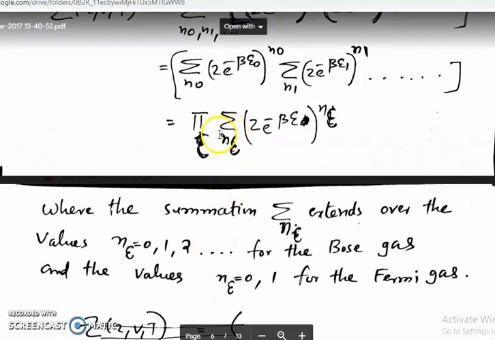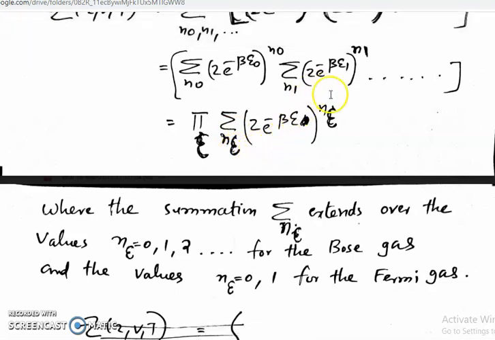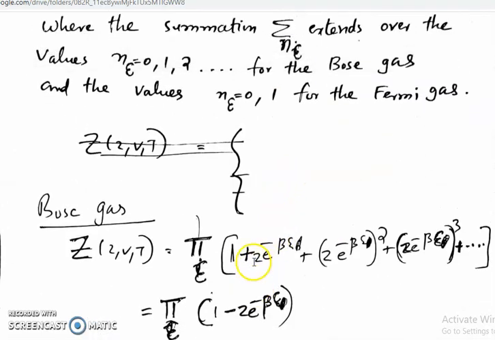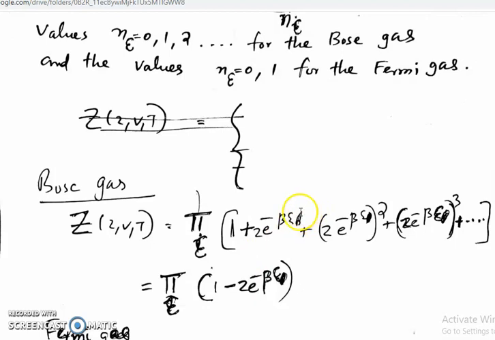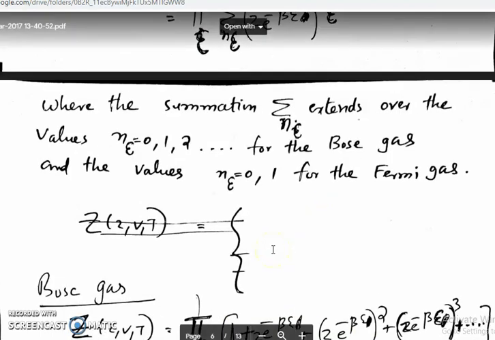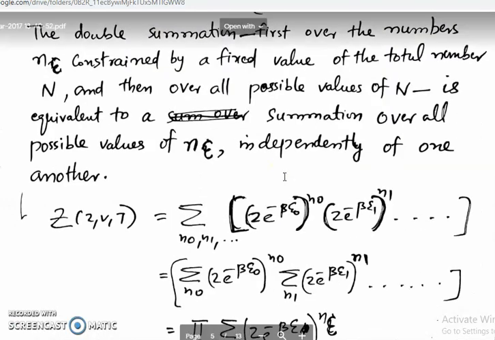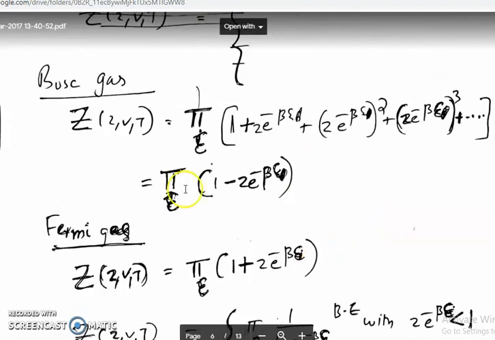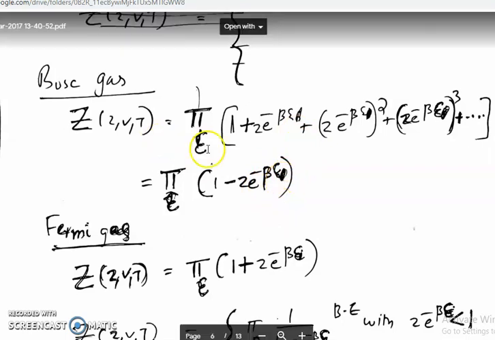So for the Bose gas, the grand partition function is this pi epsilon, the summation over n epsilon. The first term is 0, then the next term is 1, next term is 2, so it is written like this: 1 plus z e to the power minus beta epsilon to the power 1, then to the power 2, to the power 3, etc. So we have this pi epsilon 1 minus z e to the power minus beta epsilon.